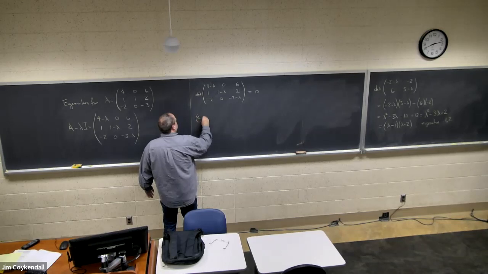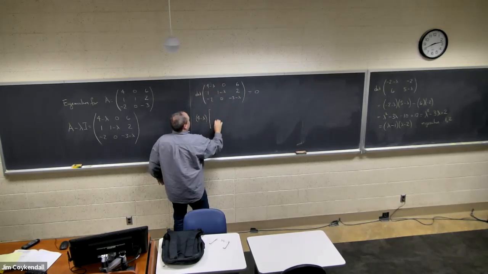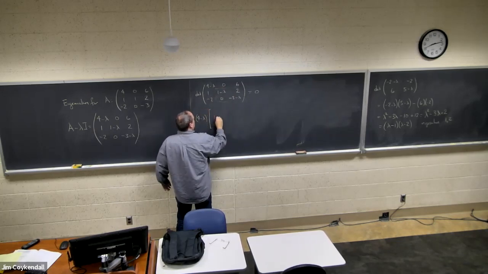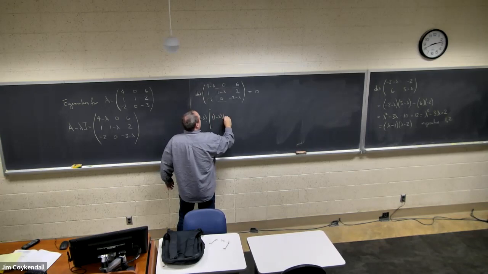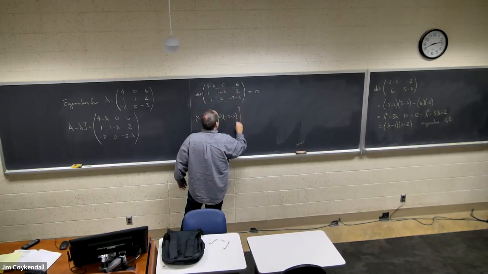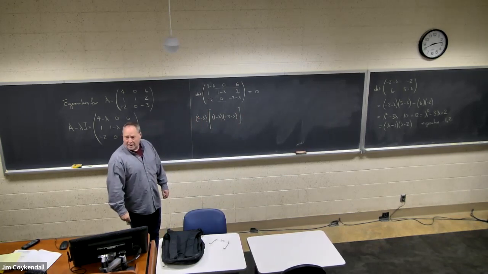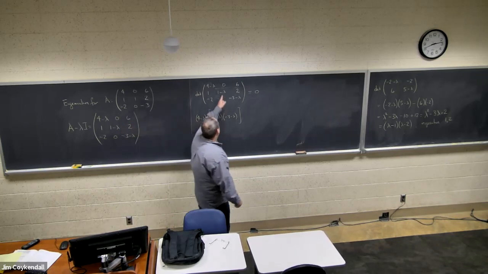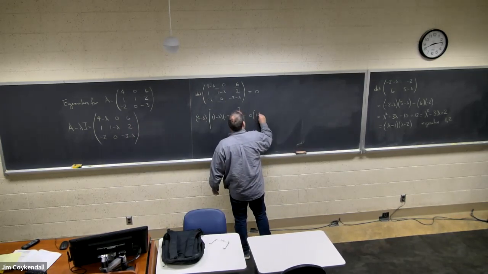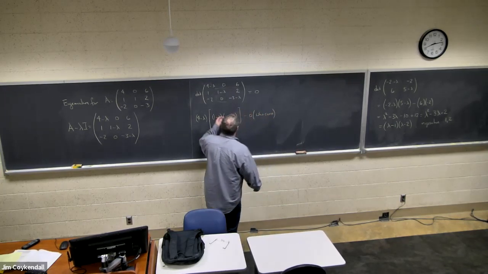It's 4 minus lambda times the determinant of this little matrix here, the lower right box: 1 minus lambda times 3 minus lambda minus 0. That was convenient. The next bit is going to be minus 0 times whatever that other one is.